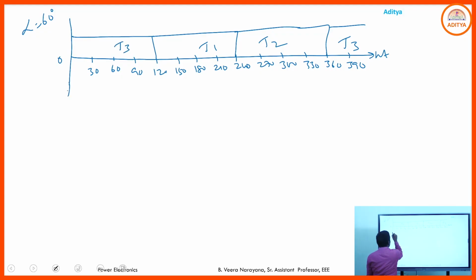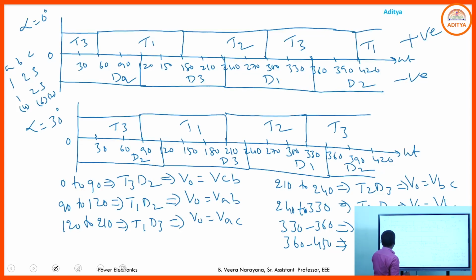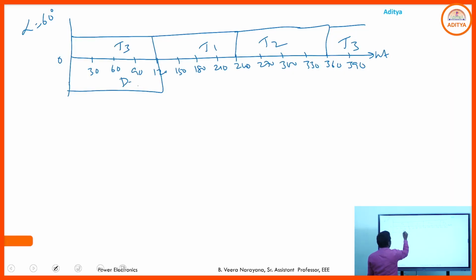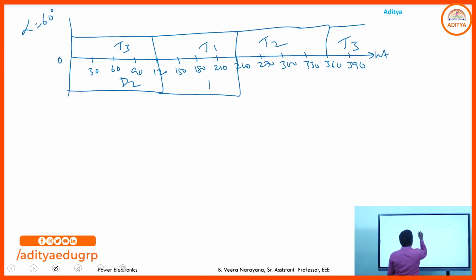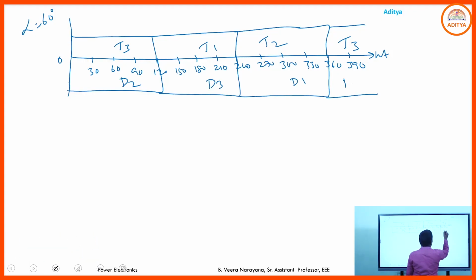The negative group is unchanged. What are you getting here? D2, D2, D3, D1, D2.